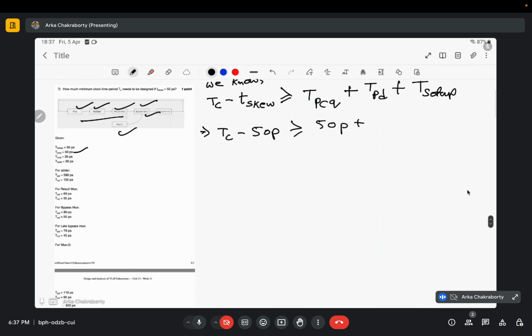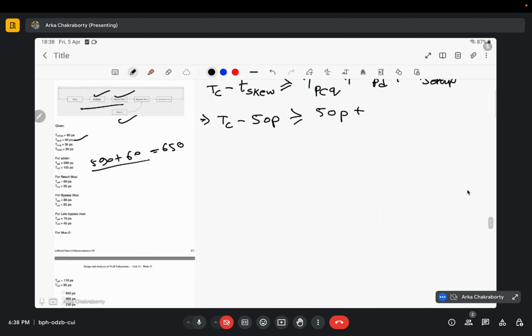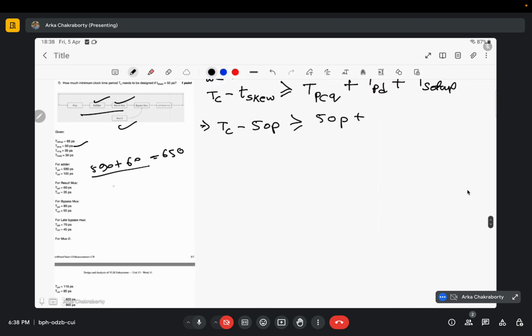But here it can be seen that adder plus result mux plus bypass mux propagation delay would be 590 plus 60, which is 650, and mux 2 is 110. So for propagation delay, the highest one would be considered, that is 650 picosecond.